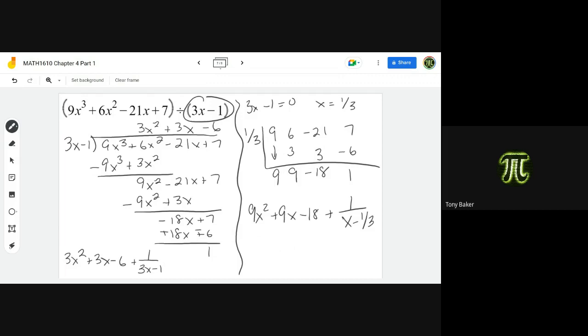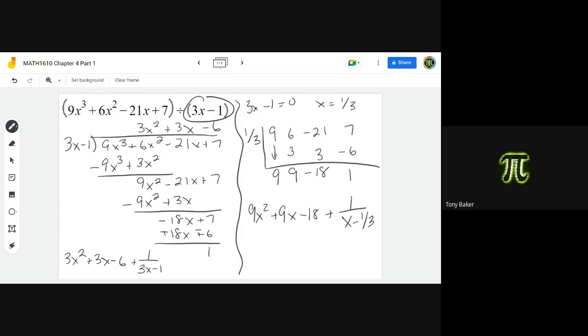I did write that wrong. So if you were to change it back, it would have been 3 over 3x minus 1, and then you would be able to factor out the 3 out of the whole problem. And that's fine. So either one of those is the same thing. Okay. So anytime you have a linear function, you can do synthetic division.